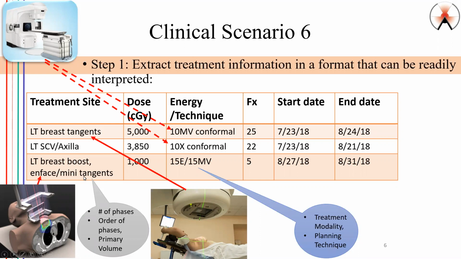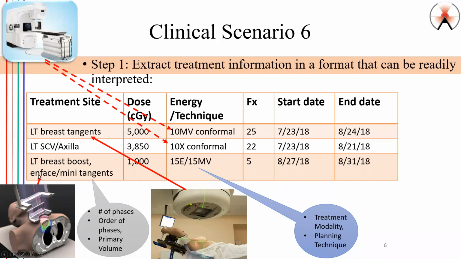Many tangents. So in this particular case, this patient received an electron boost and a photon boost. Not unusual, but most are one or the other. In most cases, what you're going to see is either just a photon boost entirely or an electron boost. And in the beam energy, it's telling me exactly what I just said.